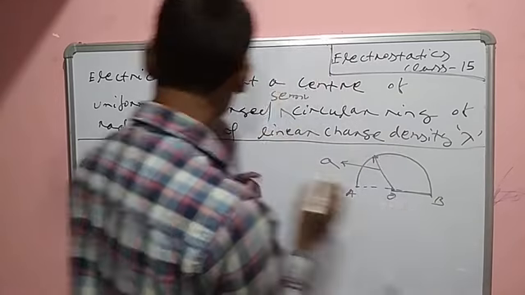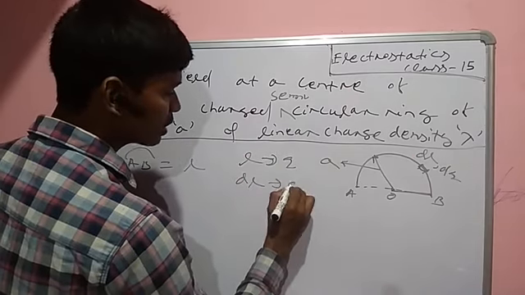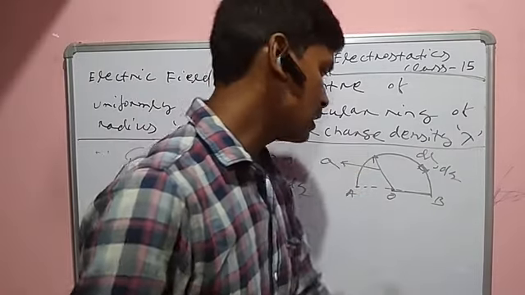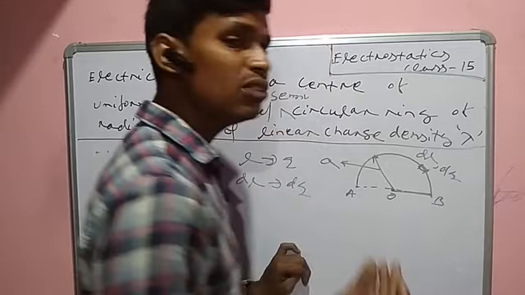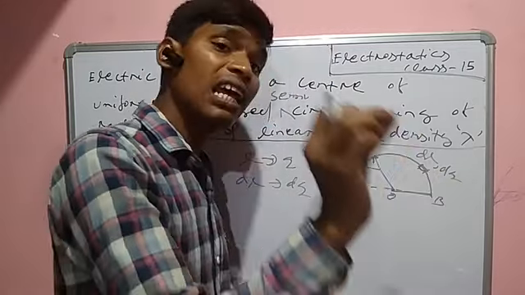But now think of a small element dl. L carries charge Q, and dl carries charge dq. Yes or no? The charge is distributed uniformly. So dl is the smallest element of the total ring.